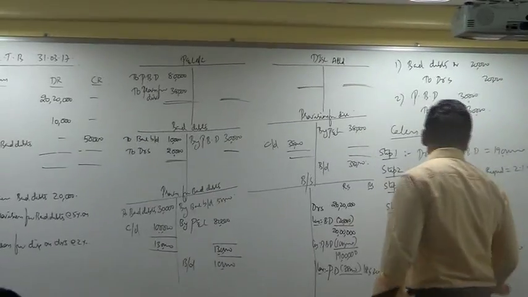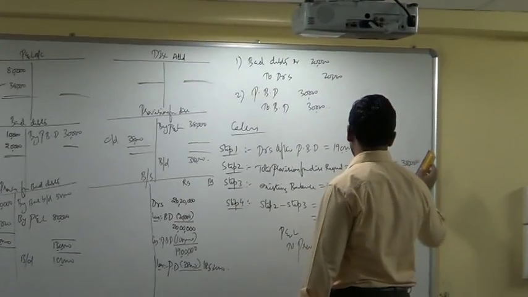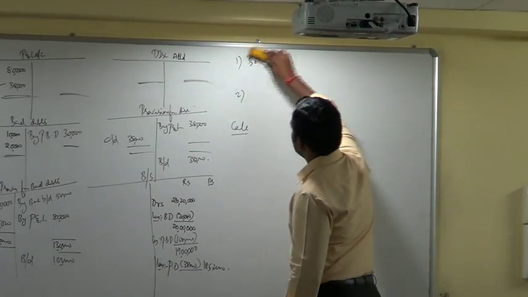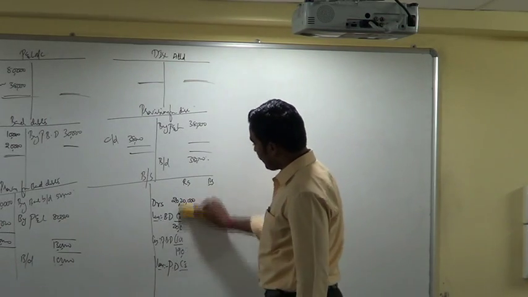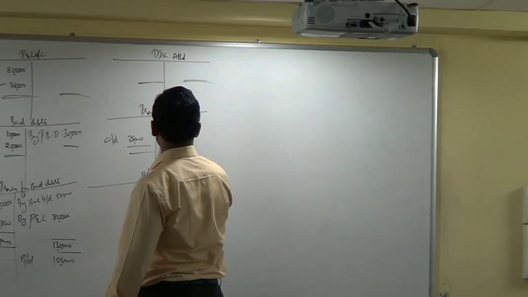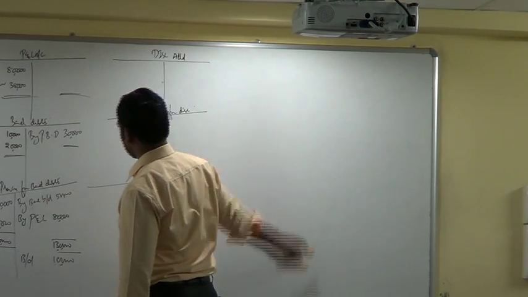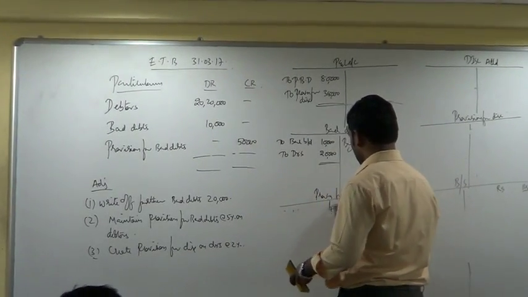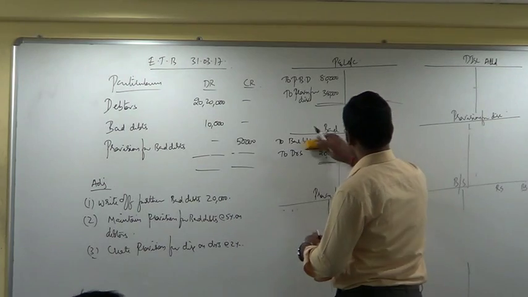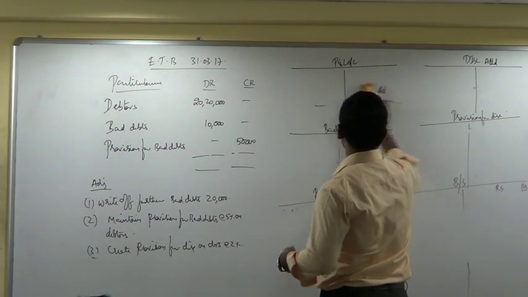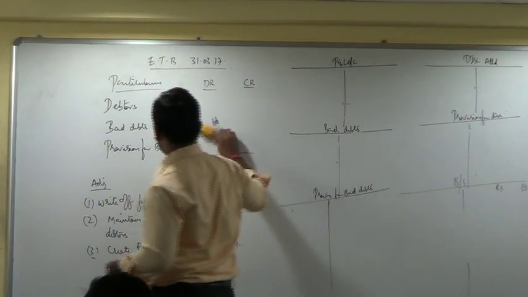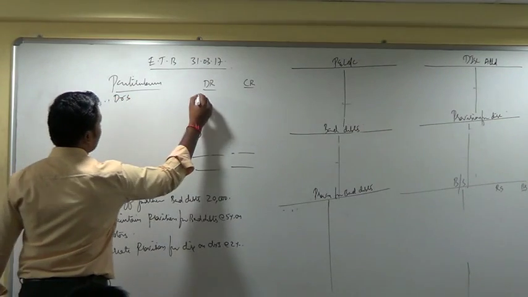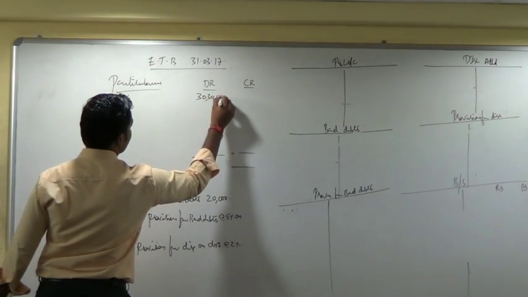Next problem. Write down extract of a trial balance, 31st March 2018. Please be quick. Debtors, debit balance 30 lakhs 30,000.